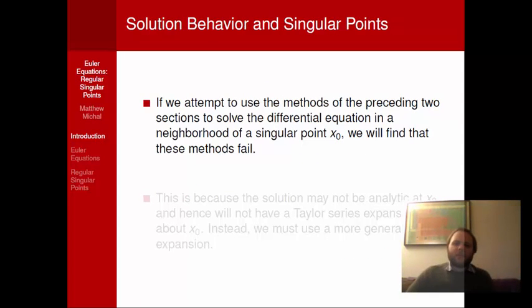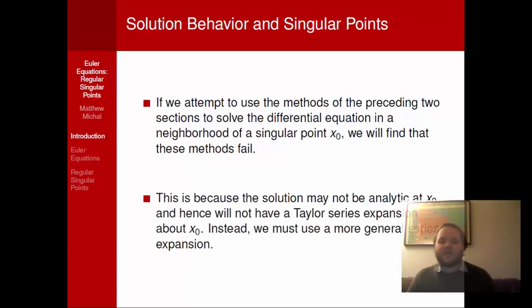So if we attempt to just use the methods that we talked about last time around our singular points, or a neighborhood around those singular points, they will severely fail. Once again, that term analytic pops back up. We don't have a Taylor series expansion around those points.